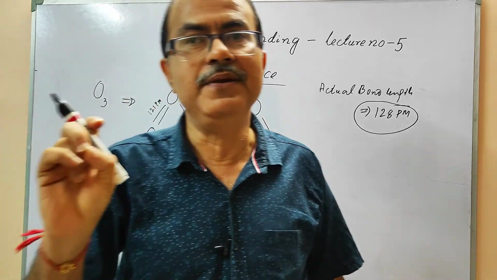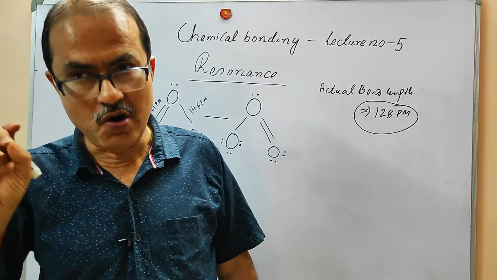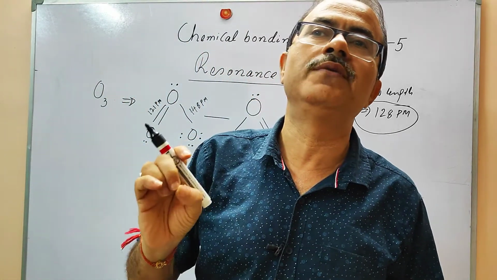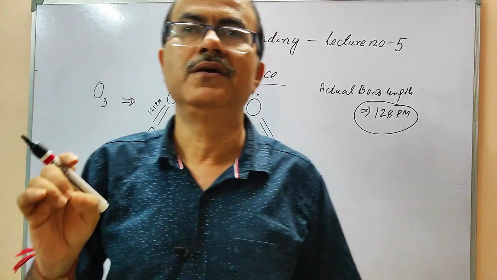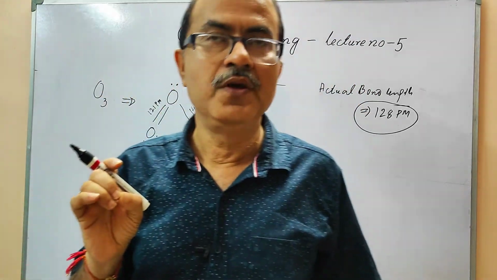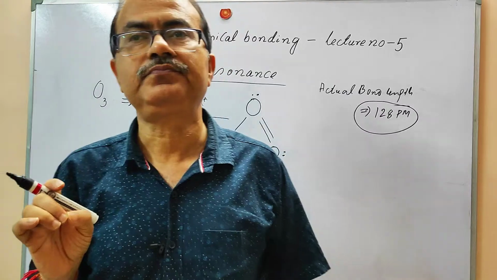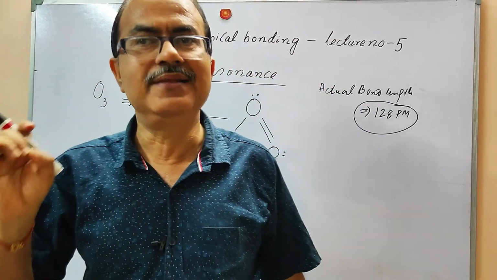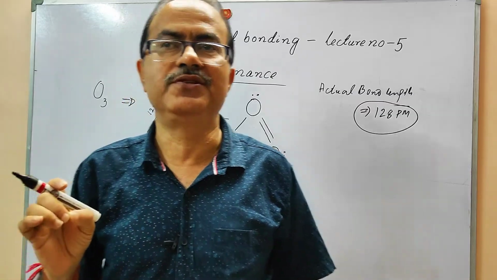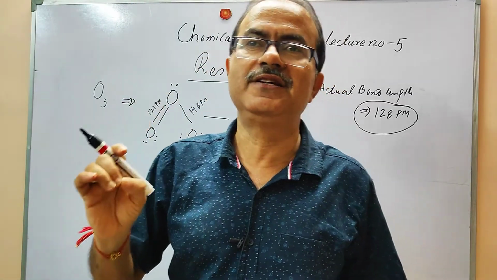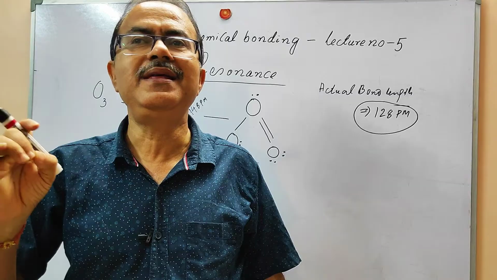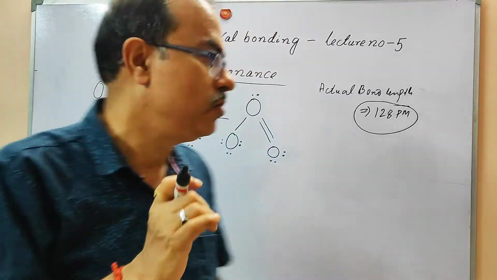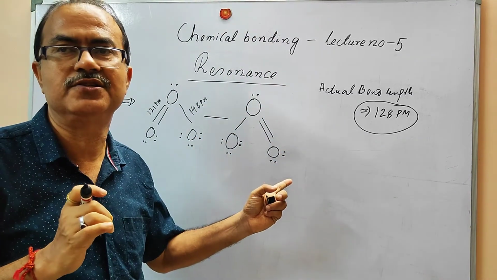So the bond parameter, that is the bond length of this O3 molecule, could not be explained by the two Lewis structures. So it is supposed that the molecule must have other structures apart from these, and these structures lie in between all these Lewis structures.